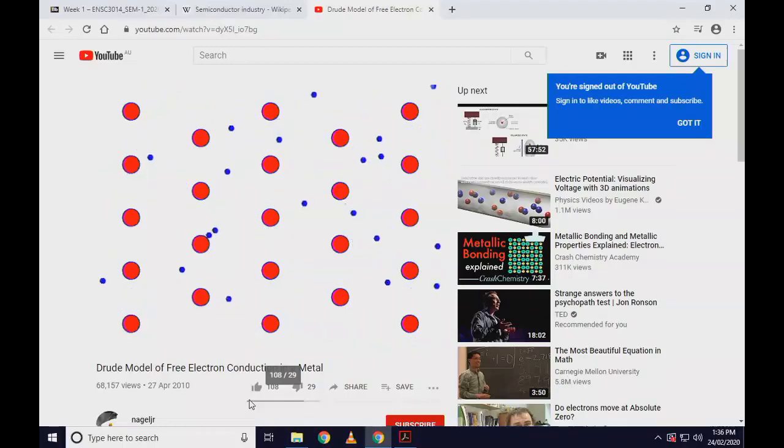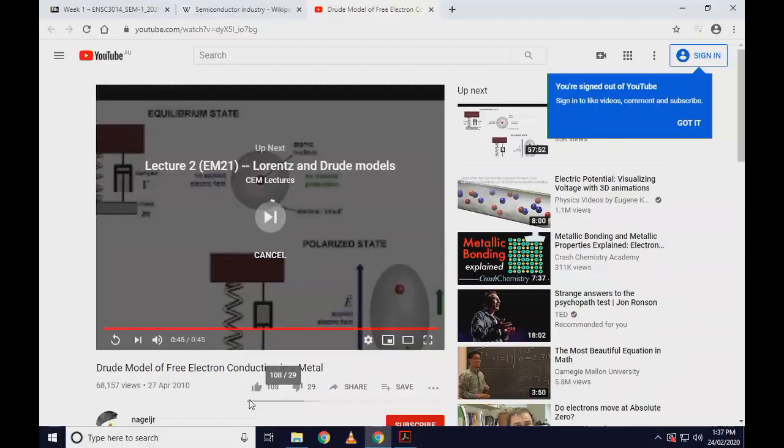So the red things are the positive ions in the metal, and they are locked in the metal and they don't move. So they're fixed and they're big and heavy. And then you have these blue things spinning around, and these are the electrons, and they're light and they can move and they're fast.